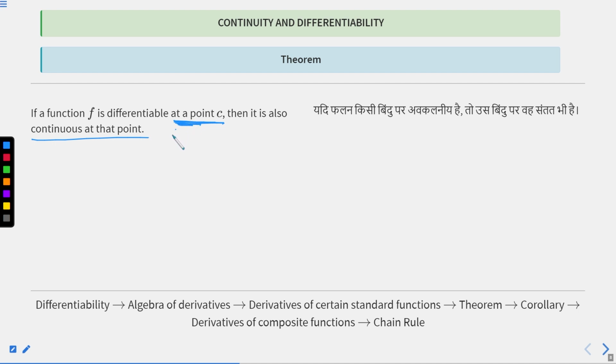If someone says that f of x is differentiable at 5, this means it is continuous at 5. If someone says that f of x is continuous at 5, then can it be true that f is differentiable at 5? No, the reverse of this is not true. You will see. Okay, clear?